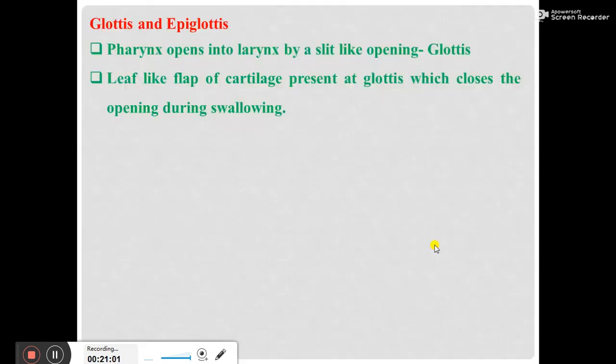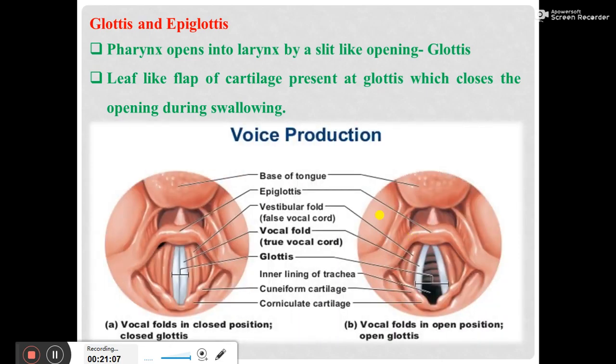So moving on, the next part of the respiratory tract is glottis and epiglottis. What is glottis? Glottis is nothing but a slit-like opening by which the pharynx opens into the larynx and the respiratory system continues further.